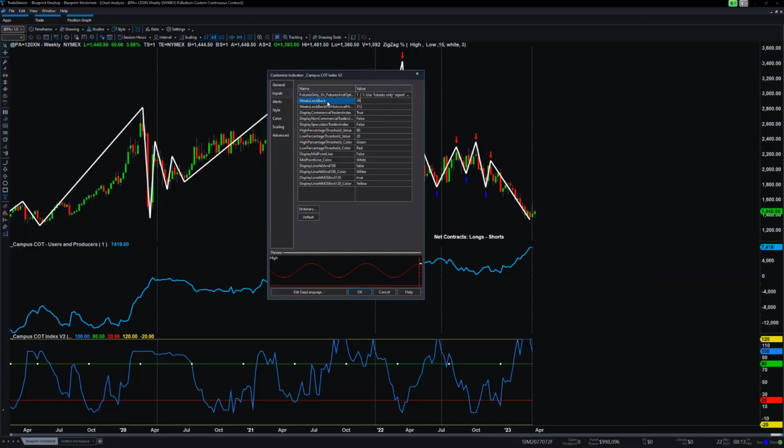And then we have our weeks look back. Okay, so we have the 26 and we have the 312. So the 26 weeks, that's 6 months, that's half a year. 312 in this case would be, one second, be 12.